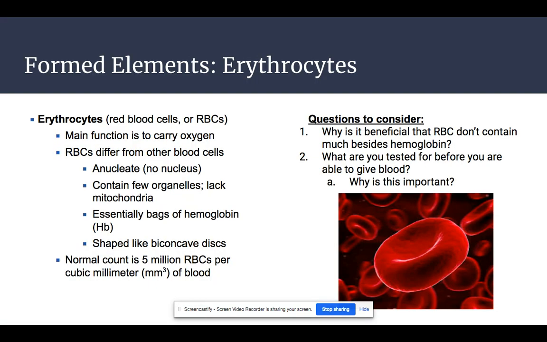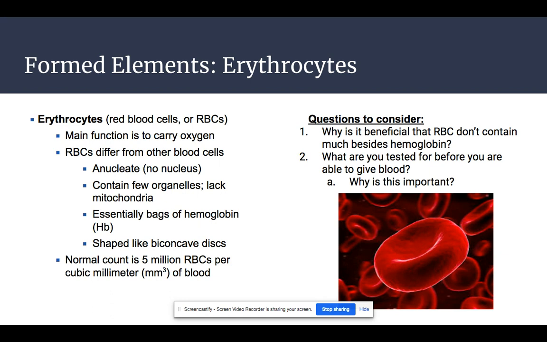So we're going to dive first into the erythrocytes. The erythrocytes, again, are the red blood cells, and their main function is to carry oxygen to the tissues. And if you remember, what do they have on them? The hemoglobin. So that hemoglobin, the protein, is going to carry those gases, the oxygen, and then deliver the carbon dioxide back.